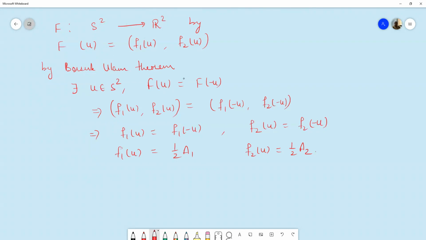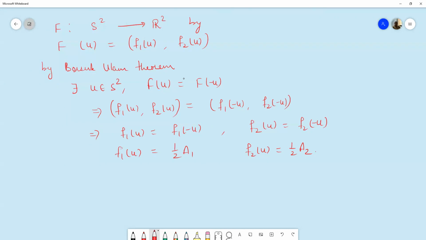Corresponding to U in S2, we always get a line, the line of intersection of the plane P and the plane R2 cross 1. And that line bisects the polygonal regions A1 and A2 into halves, because f1U and f2U are the areas of portions of A1 and A2.